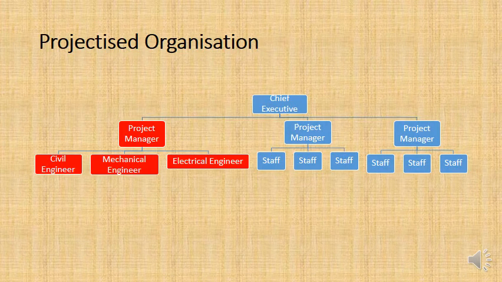Now the next step with all of this is to go to a projectized organization. In this case, you take the middle managers completely out, the discipline managers: the civil engineering manager, the mechanical engineering manager, the electrical engineering manager.